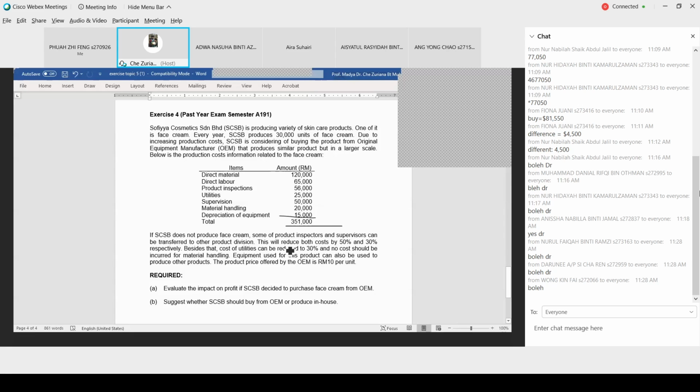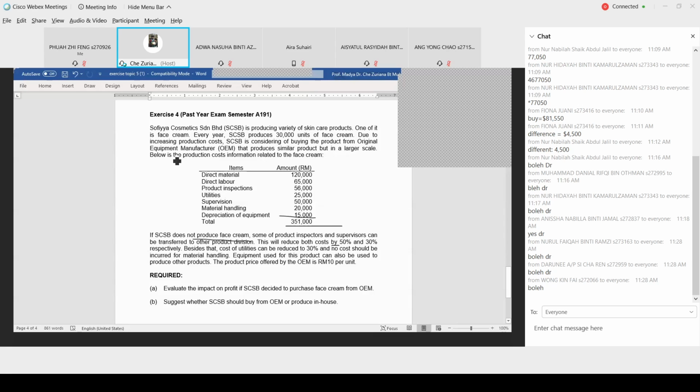So this is all the cost. But then if SCSB does not produce face cream, some of the product inspectors and supervisors can be transferred to other product divisions. So this will reduce both costs by 50% and 30% respectively.